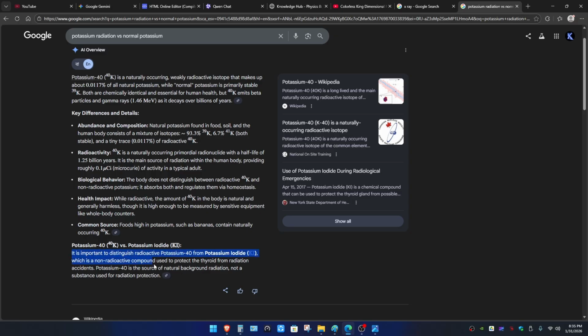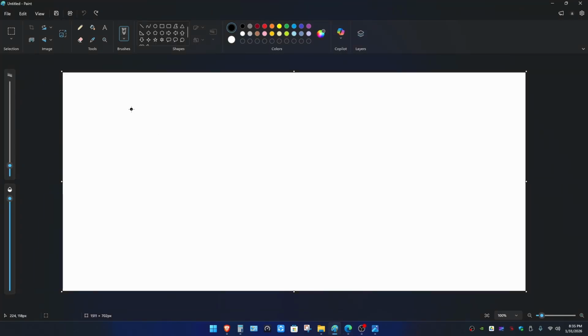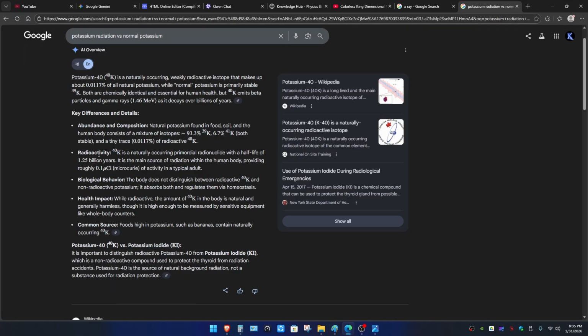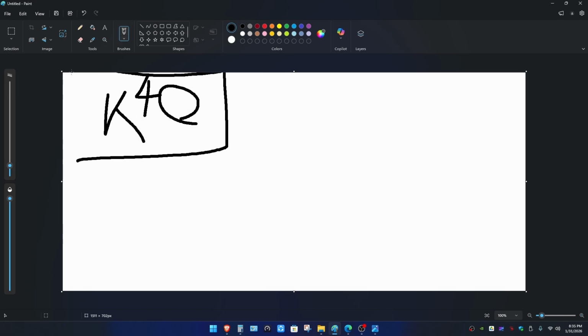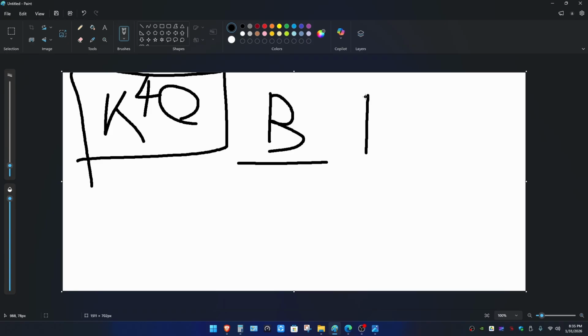If we look at the data from this perspective, when we talk about potassium, K-40, K-40 is naturally radioactive in banana. Okay, but here's the thing, banana potassium is not potassium only.